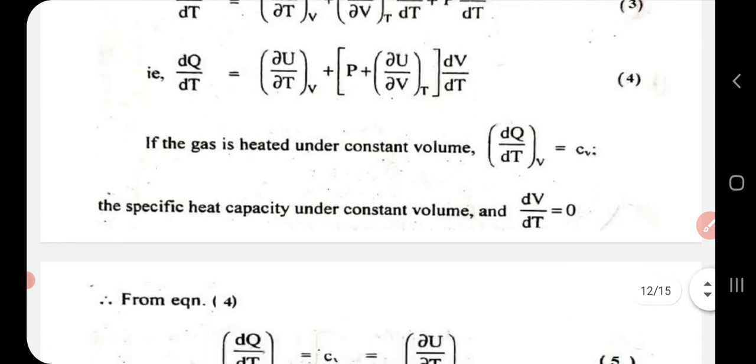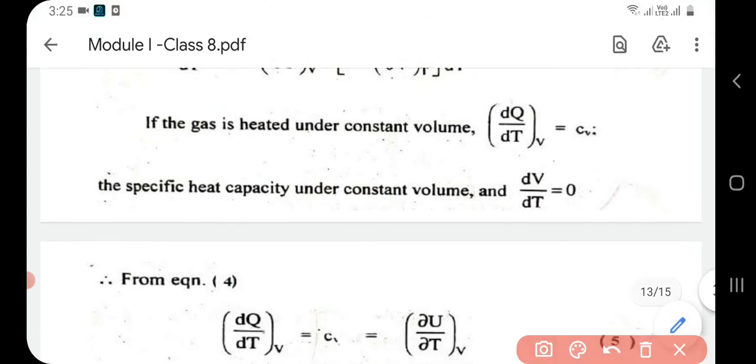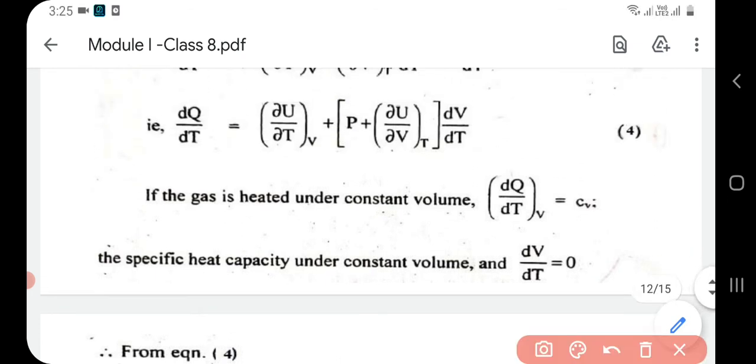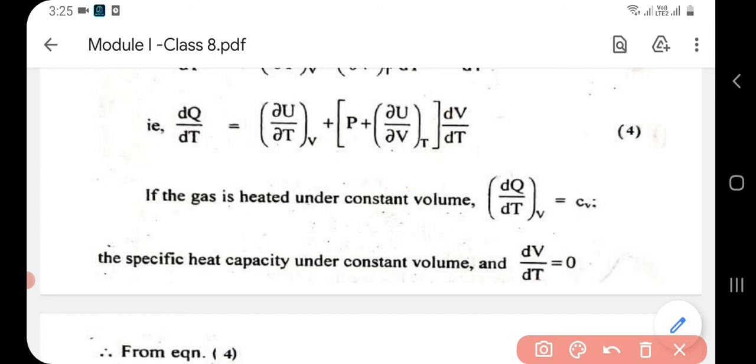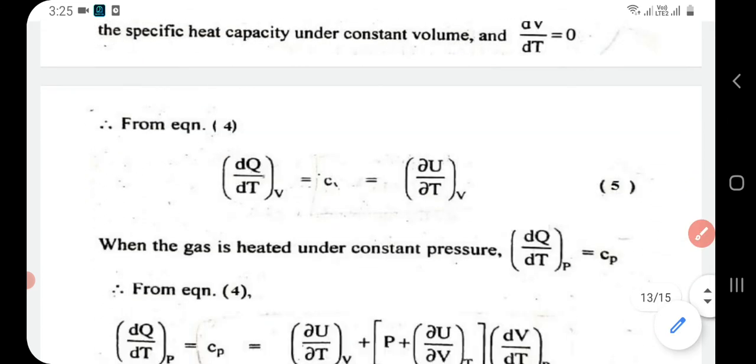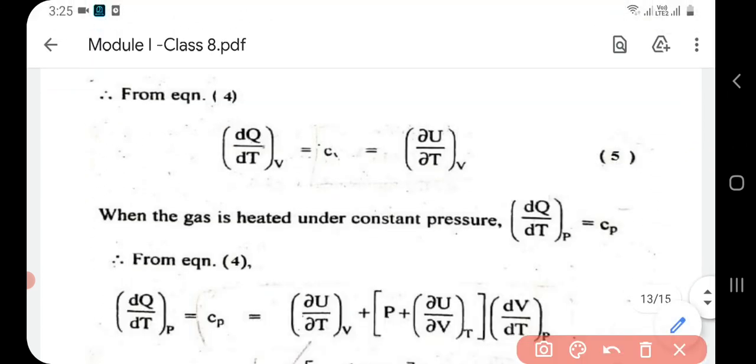Since this is 0, this particular term will become 0. So what is remaining in equation 4 is Cv equal to ∂u/∂T at constant V. See, that is equation 5.